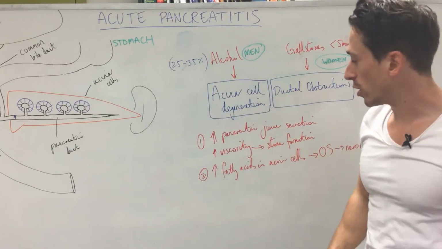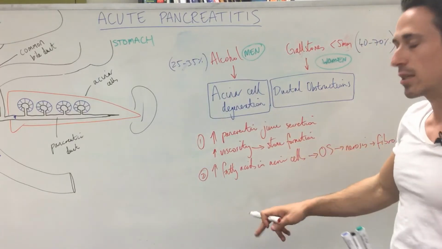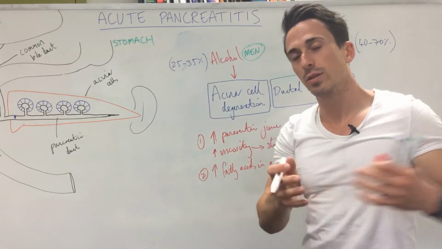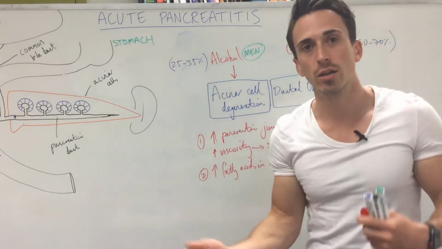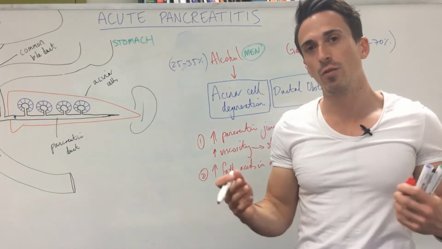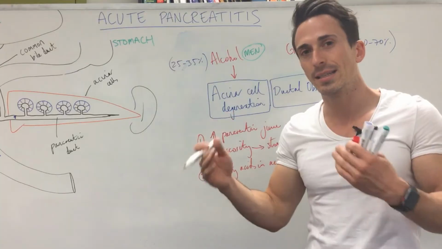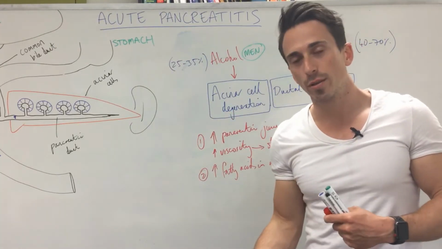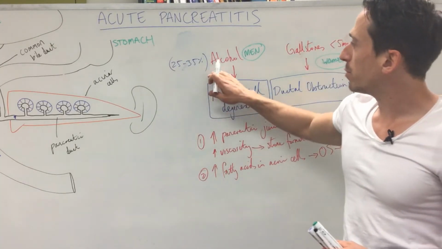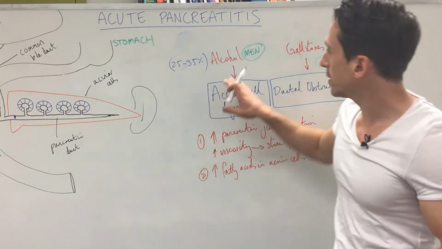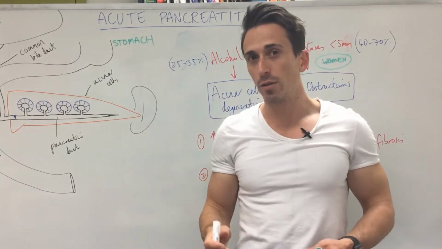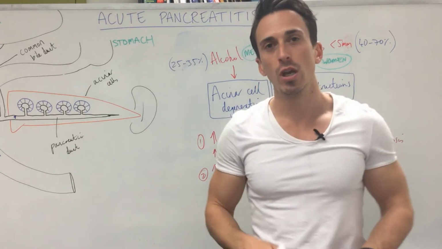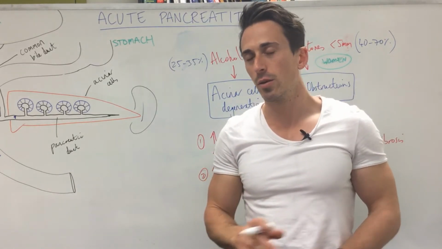Now, it's also been shown that alcohol, in this process of increasing fatty acids, resulting in fatty acid degeneration, also promotes inflammation and cytokines being released, and therefore results in an inflammatory cascade. There's also another hypothesis: binging on alcohol isn't a very common cause of acute pancreatitis, but long-term use of alcohol is associated with it.